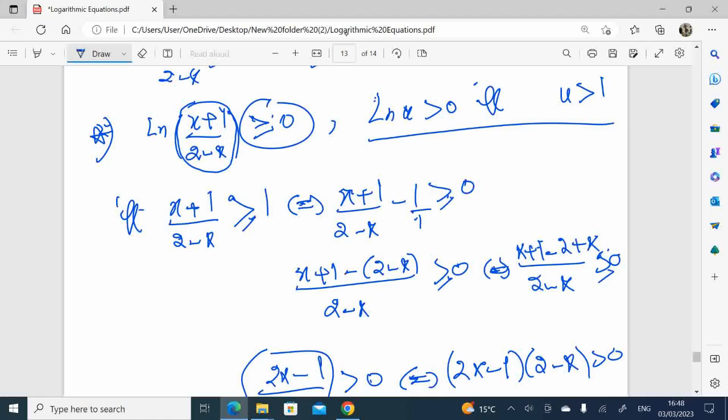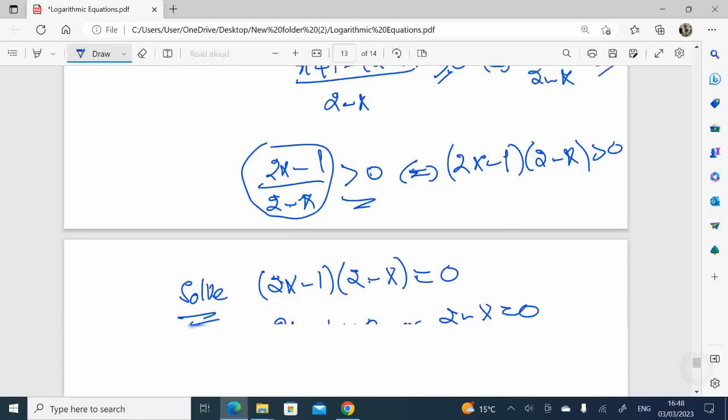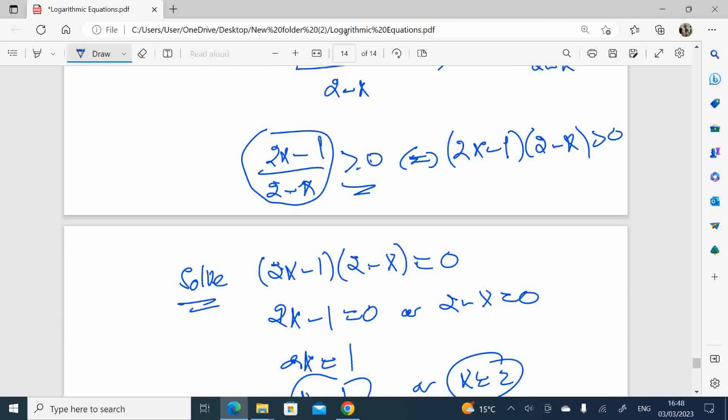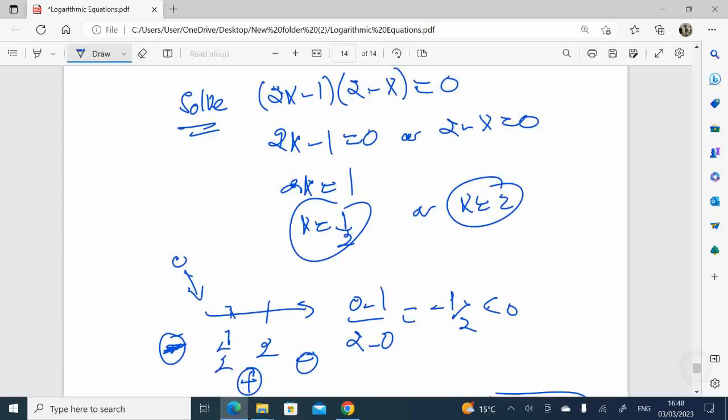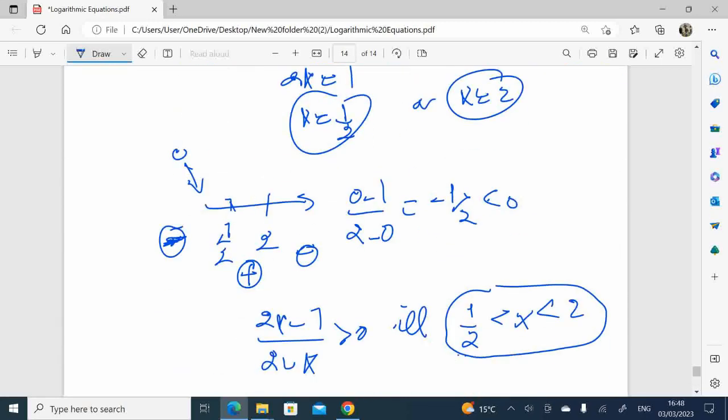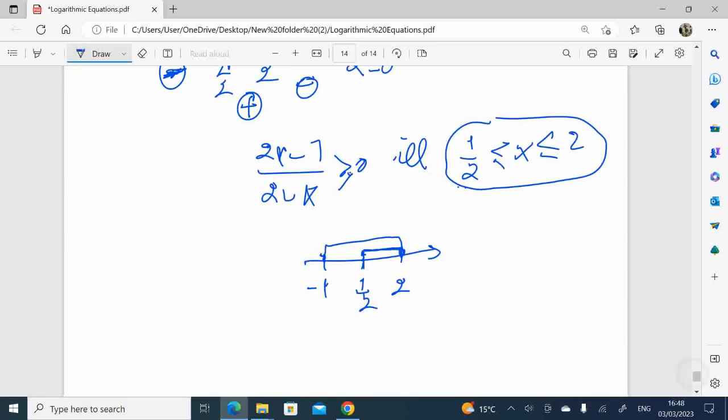So the first condition has no or-equal, while in the second condition we have or-equal. So we can take 2 in the second condition, but we can't take 2 in the first condition.